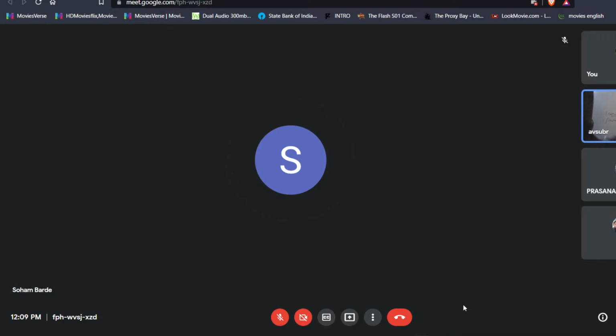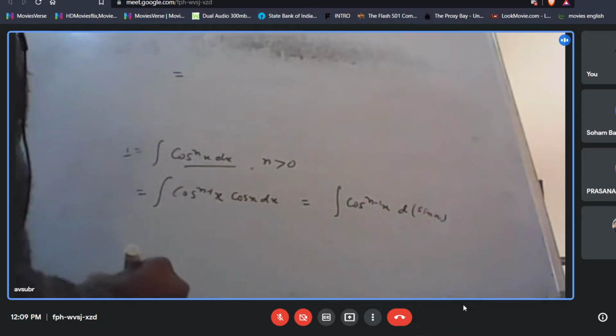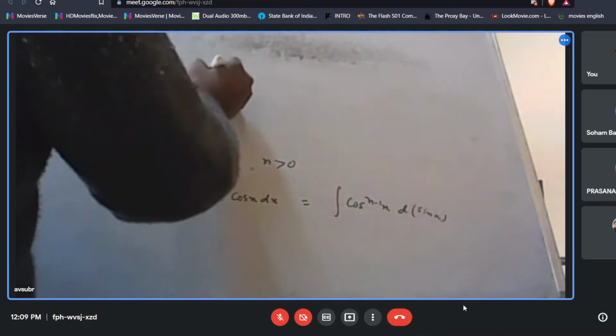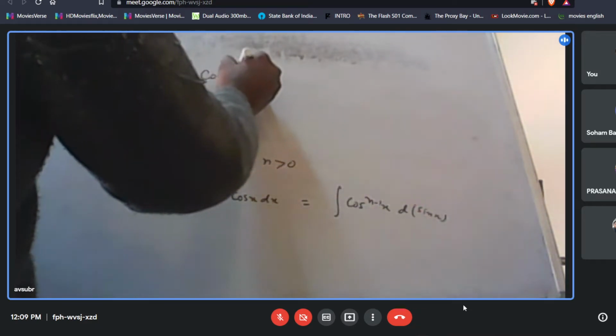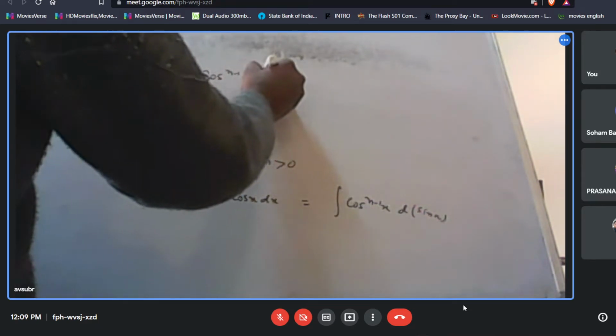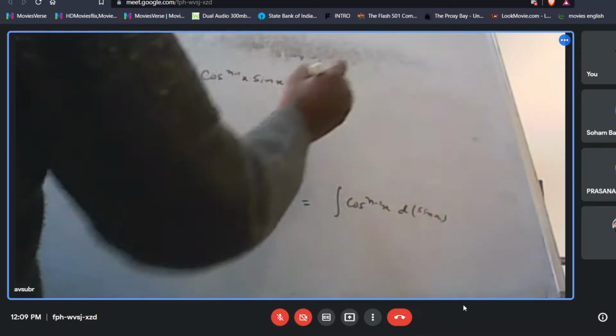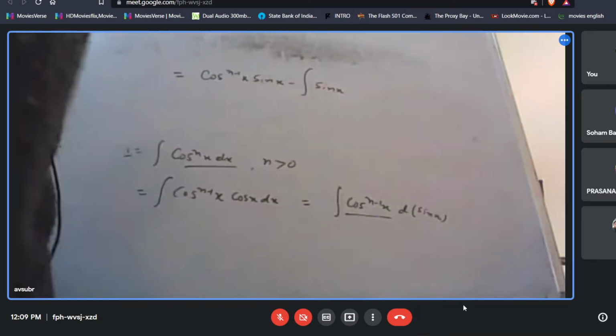So now this can be written as, once again, integration by parts. So cos to the power n minus 1 x sin x minus integral of sin x and differentiation of this.